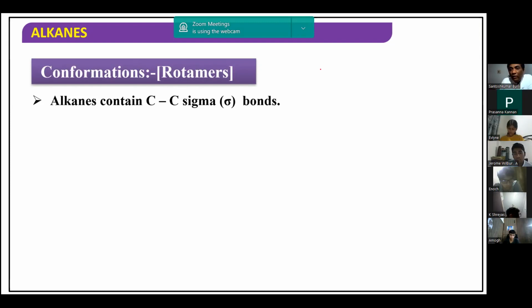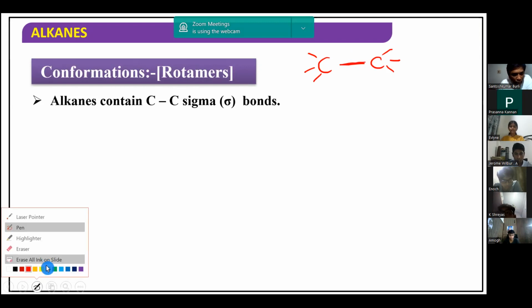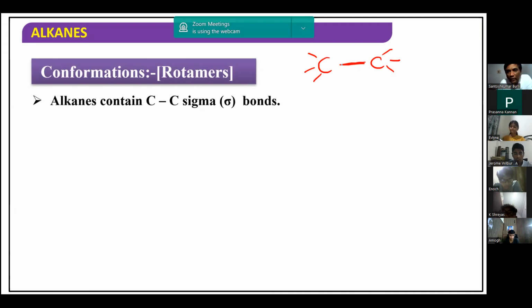If we have a carbon-carbon single bond like this, conformations arise. This single bond between the carbon atoms is mainly due to the overlapping of an sp3 hybridized orbital of one carbon and an sp3 hybridized orbital of another carbon.